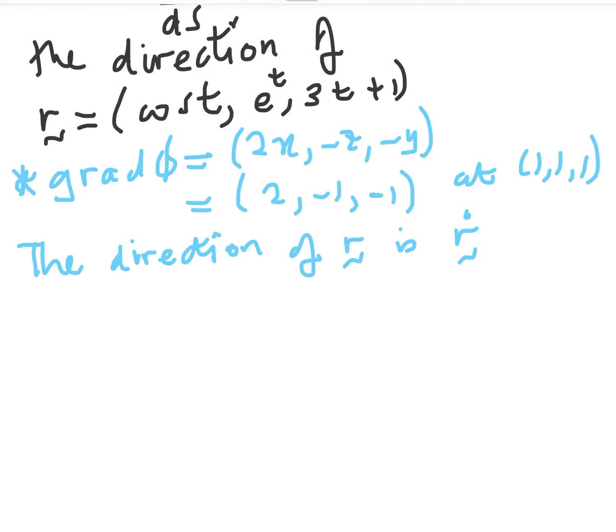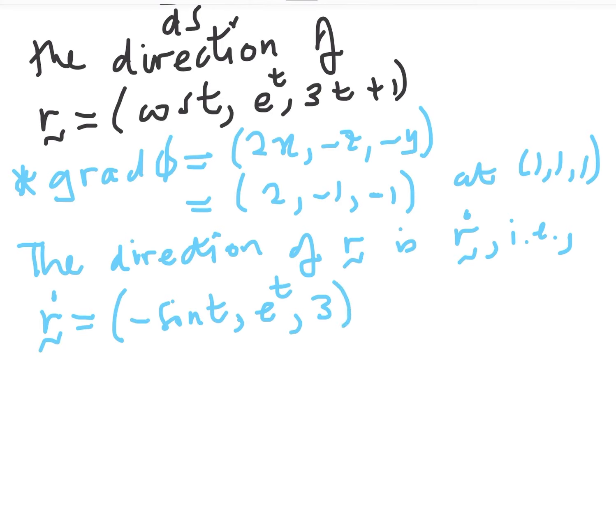The direction of vector r is in fact the tangent vector of r, which is the vector r dot, where dot is derivative with respect to t. The vector r dot, you differentiate with respect to t, is given as minus sine t, e to the t, since the derivative of e to the t is e to the t, and the derivative of 3t plus 1 is 3 plus 0, which is 3.